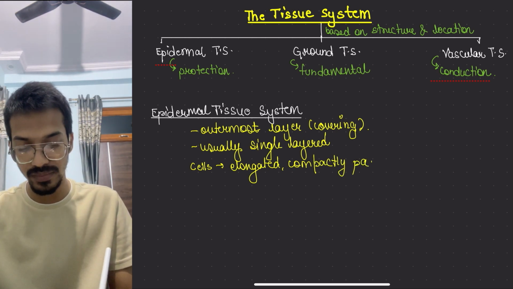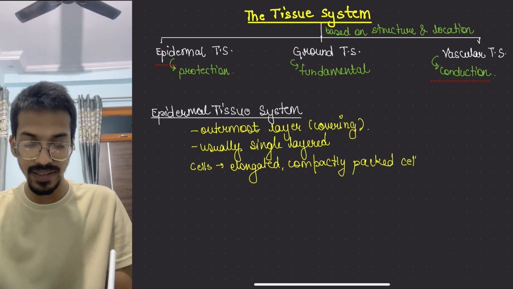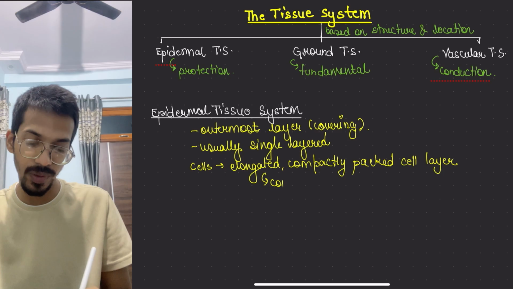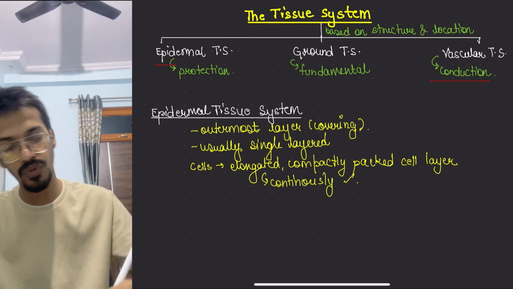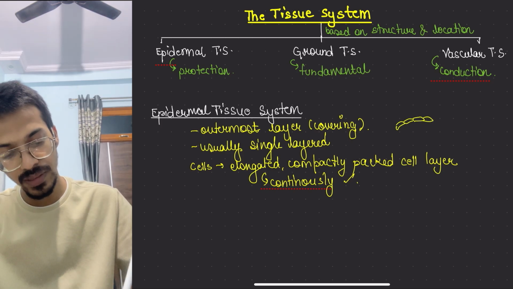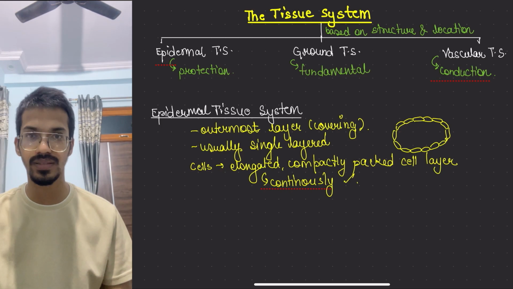A compactly packed cell layer is there, which is continuous. This layer is continuously present. For example, if this is the layer, it will be present like this, as the outermost layer of the plant body.